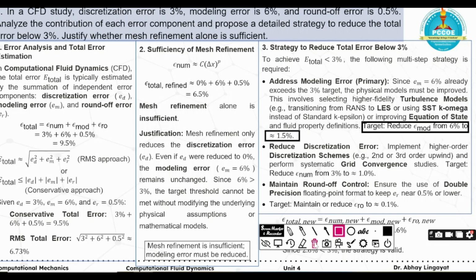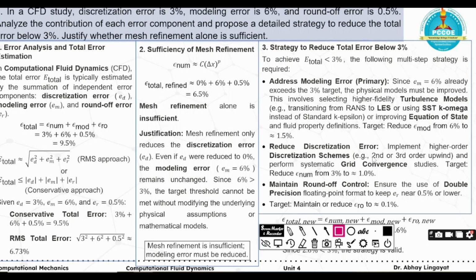Now second is to reduce the discretization error, which is at present 3%. Once the model is improved, we apply the grid convergence index study to ensure the solution is mesh independent. So how can we do this?